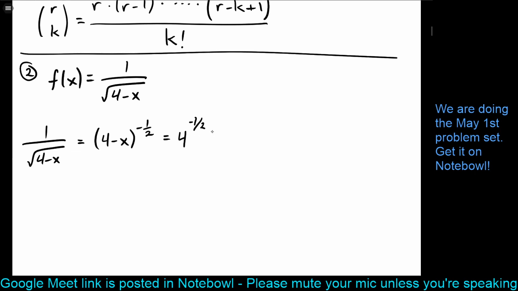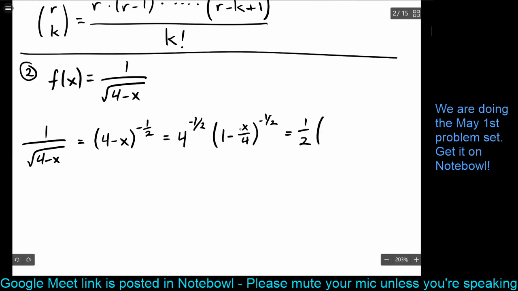So here, if we just factor out a 4, we get this: 1 minus x over 4 to the minus 1/2. Right? And so 4 to the minus 1/2 is actually 1/2. I'm going to do a little extra manipulation in here. I'm going to write this as 1 plus negative x over 4 to the minus 1/2.